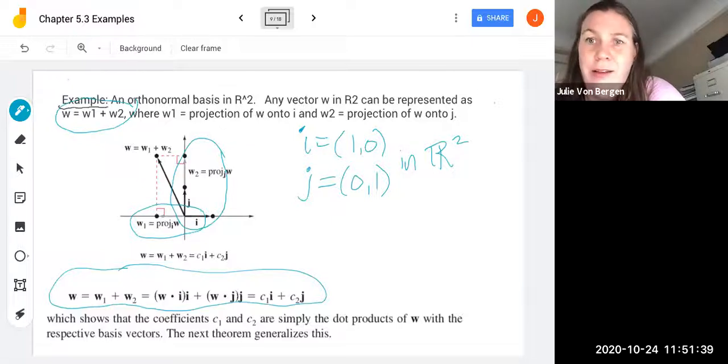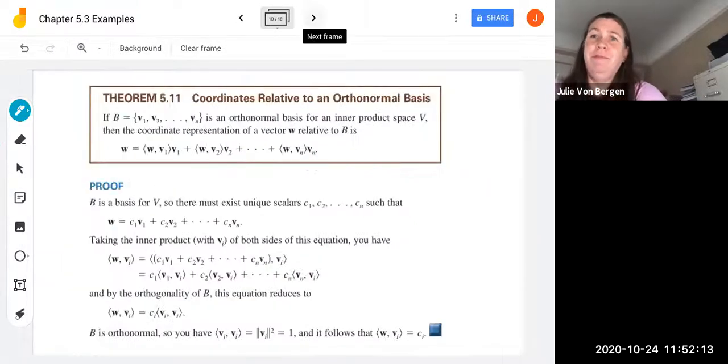Well, that's just W dot I multiplied by I, where W dot I gives us that coefficient of how it's stretched, plus W dot J, that inner product, or in this case a dot product because we're in R2, gives us a scalar, a coefficient, multiplied by J. So we have this scalar that we'll call C1 multiplied by I, plus the scalar that we'll call C2 multiplied by J. To find the scalars, you just take W and dot it with I or dot it with J. Let's take a look at the next theorem, which is going to generalize this.